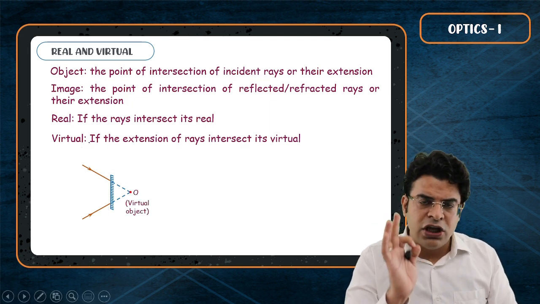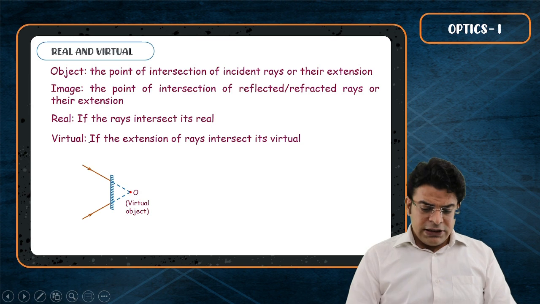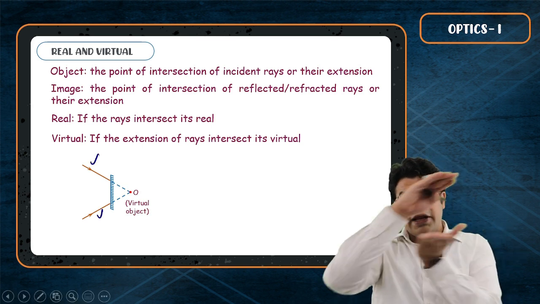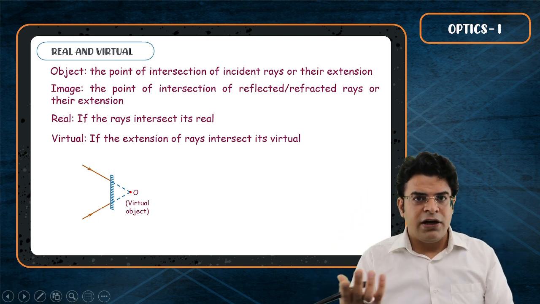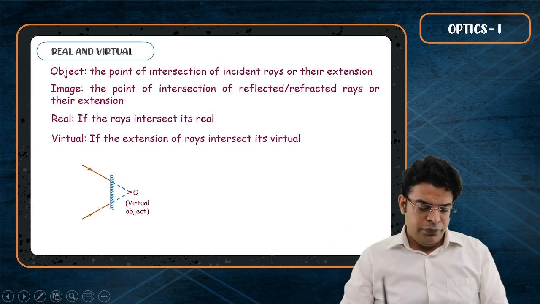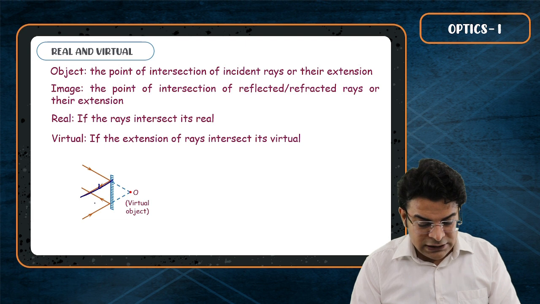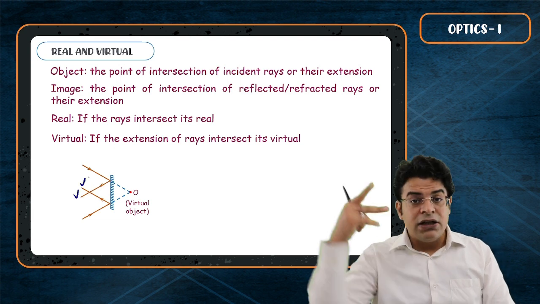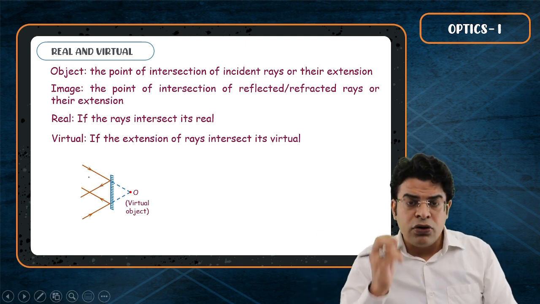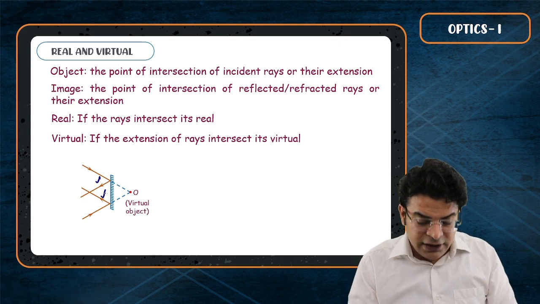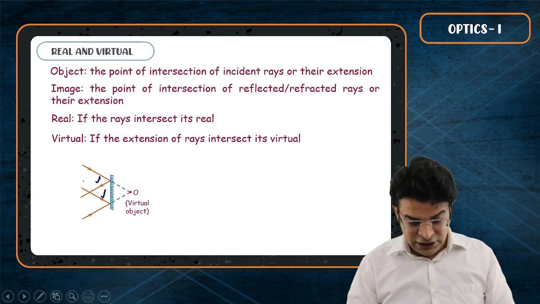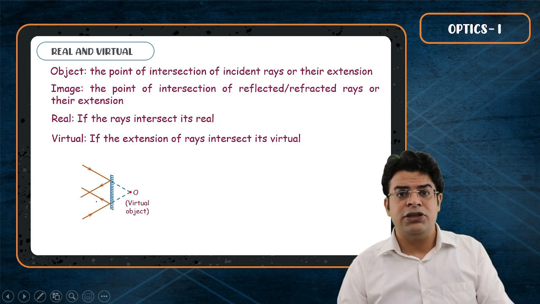Now we have learned the law of reflection. Since we have hit a convergent ray on the plane mirror, after reflection, the rays will bounce back. Now following the law of reflection, as the rays bounce back, you can see that these two rays are the reflected rays. My question is, are these reflected rays actually intersecting? Yes, sir, they are actually intersecting at this point.